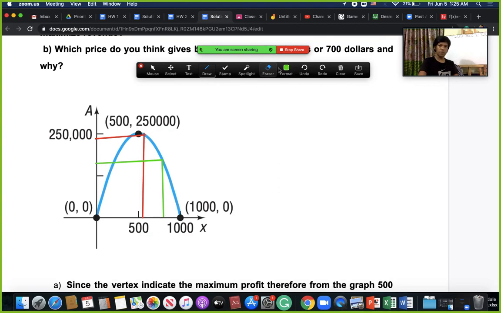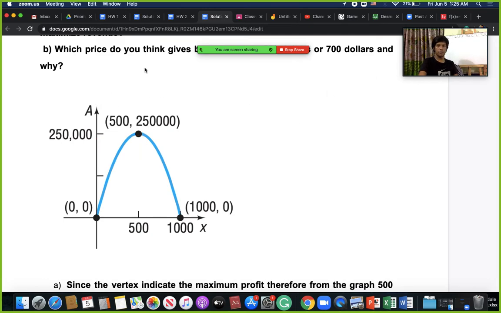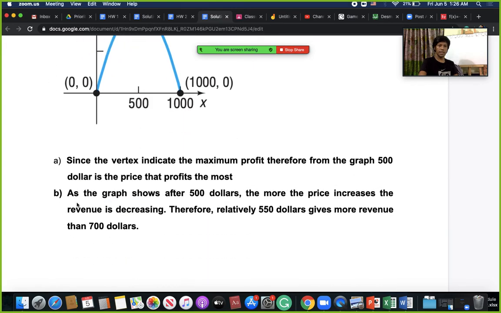Of course, we can see it from the graph, and that's why in the solution I said, as the graph shows, after $500, the more the price increases, the more the revenue decreases. So therefore, $550 gives better revenue than $700, because 700 is somewhere here, and 550 is close to 500. That's all.